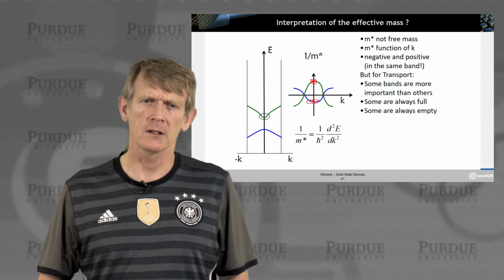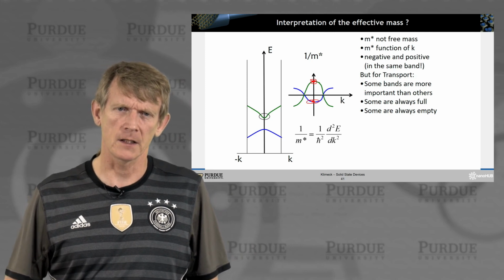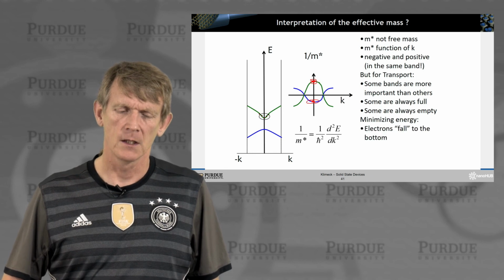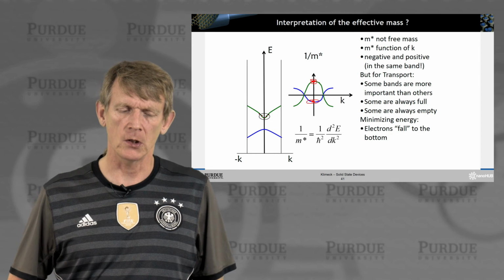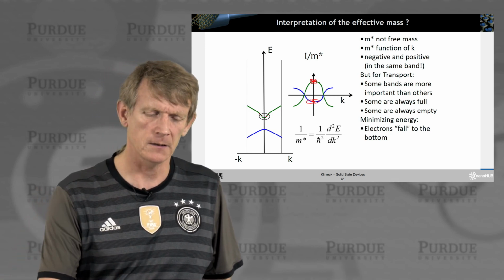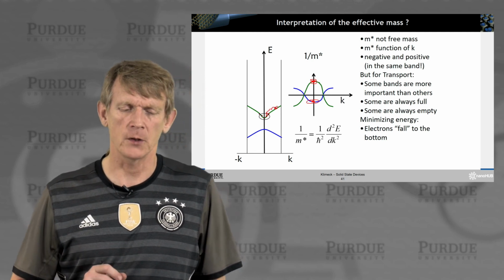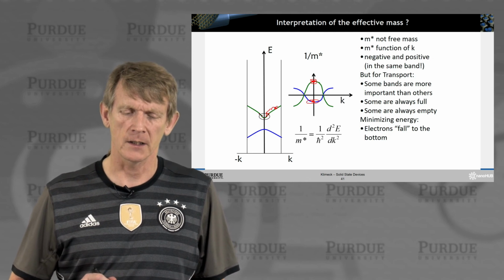And that is how we typically think of electrons in the conduction band and holes in the valence band as having a constant mass. So what happens is effectively that electrons, quote unquote, fall to the bottom of the conduction band. Even if we somehow kick them up in here, they eventually really fast fall down and accumulate at the bottom of the conduction band.